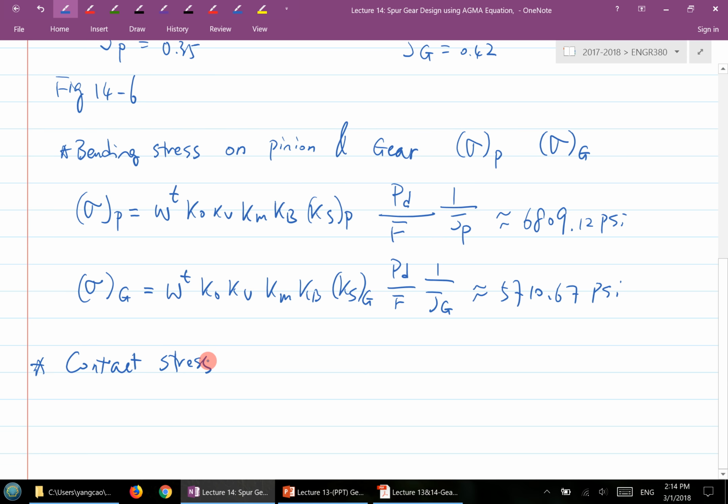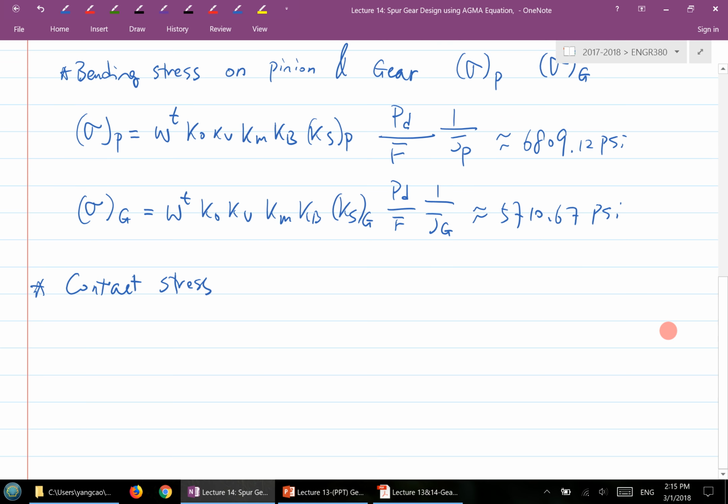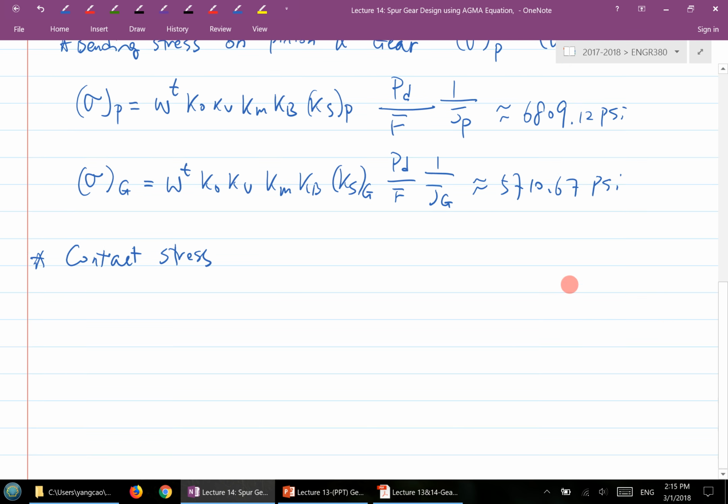So if you recall in the previous lecture, we decided to use a simple model to represent the contact stress on the gear surface or pinion surface, and that model is called the Buckingham equation.